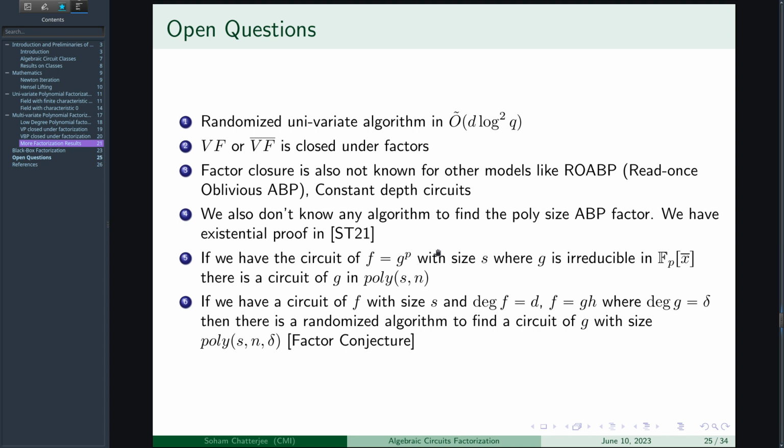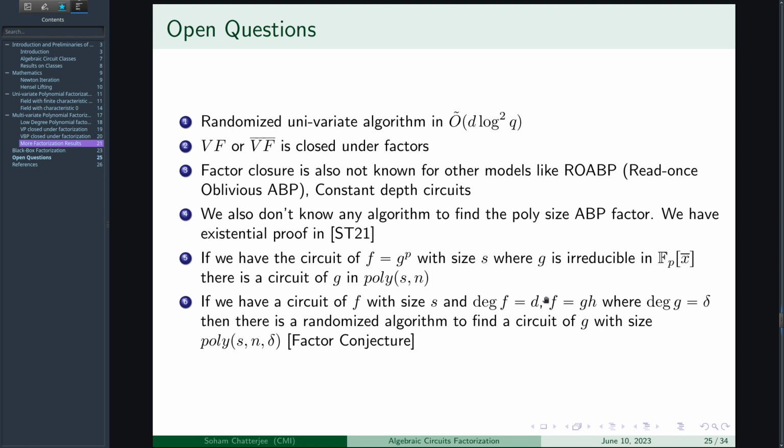We don't know any bound on the pth root of a polynomial in F_p[x]. Basically, if you have a circuit for f to the power p, then we don't know if we can say anything about f. You can see one difficulty here: if you differentiate f, it will become zero because we are working in characteristic p.